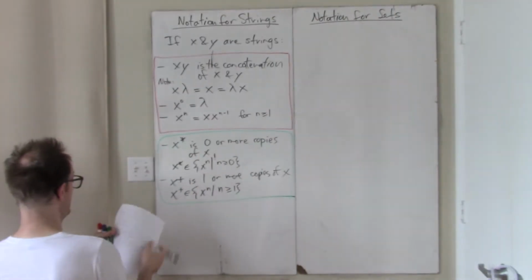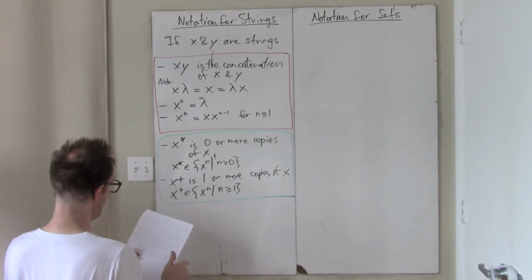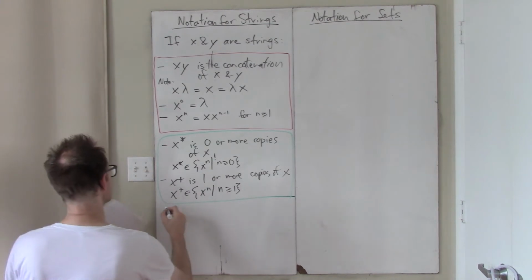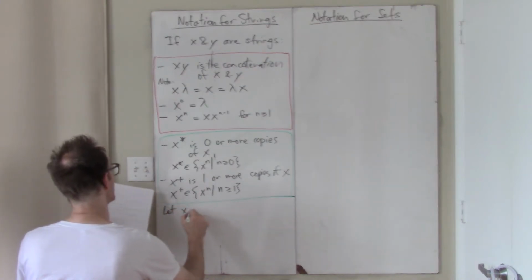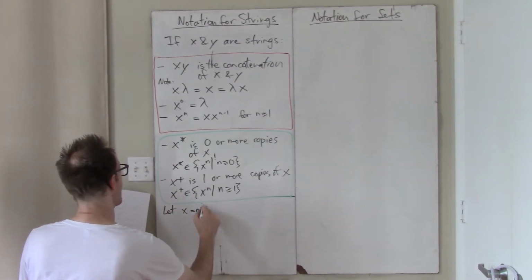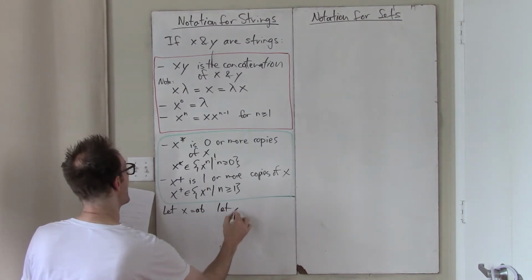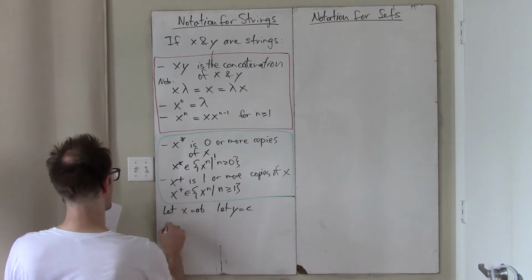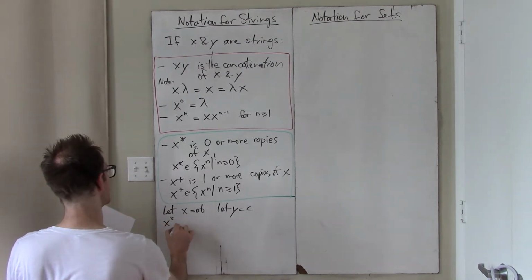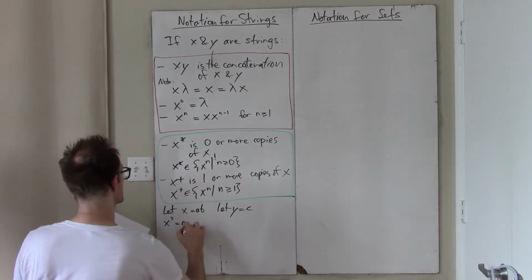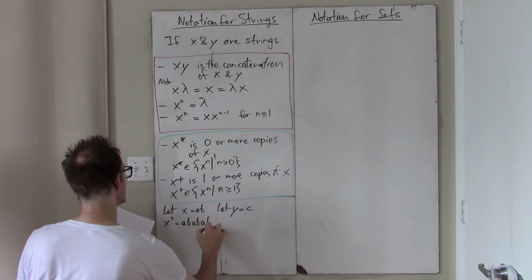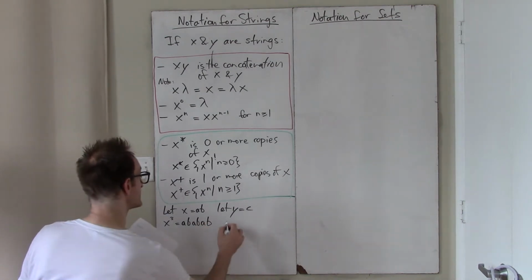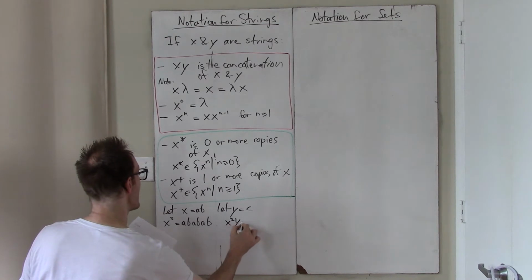So here are my examples. Let x be the string AB, and let y be the string of length 1, which is just C. Okay, so what would x cubed be? Well, that's not that hard. It's just going to be AB, AB, AB. Okay, great. What would x squared y be?